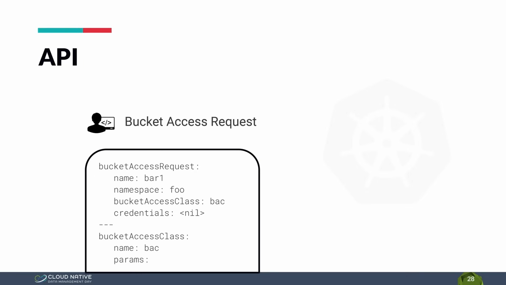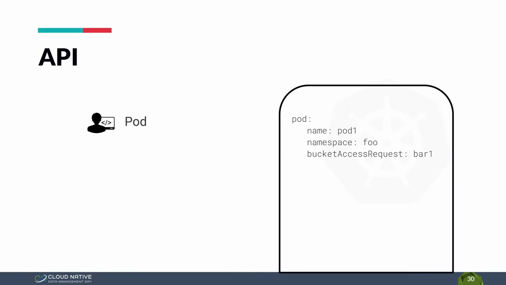The bucket access request encodes that I want access to a bucket, and COSI sees this object being created. It will go and create credentials and convert them into a format that COSI can later use to put into pods. Basically, it creates Kubernetes secrets from it.